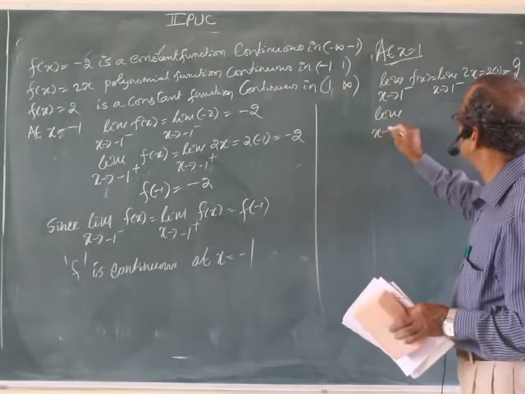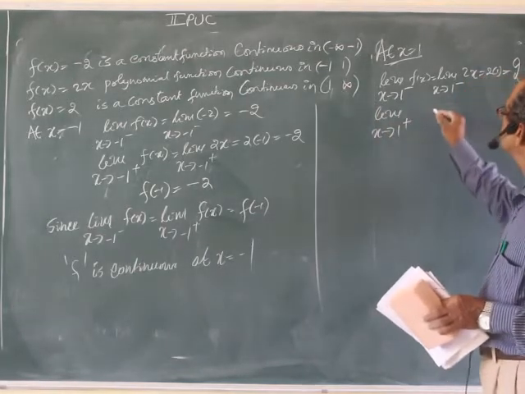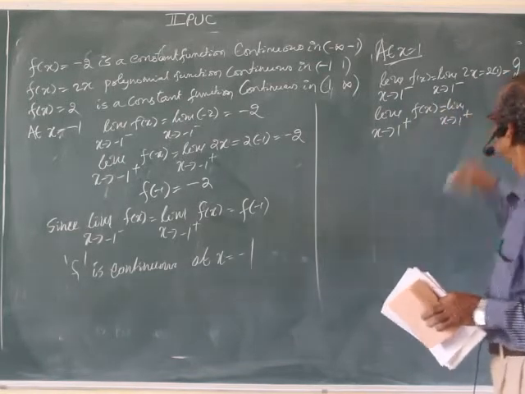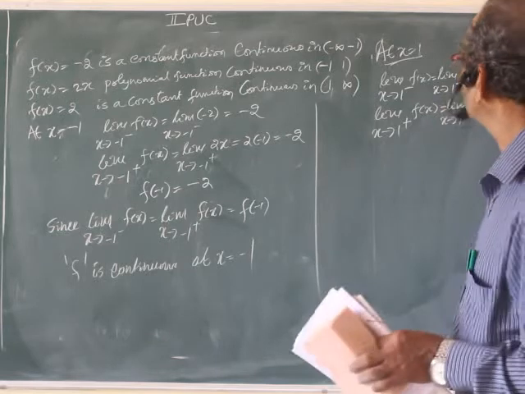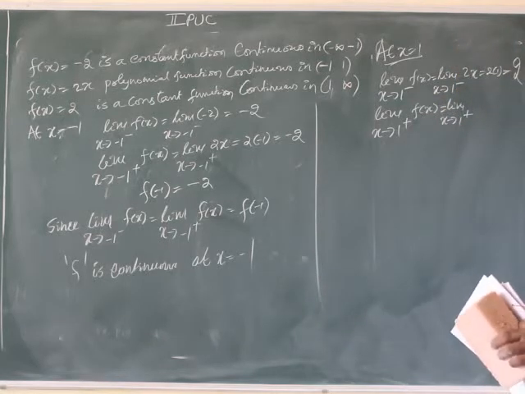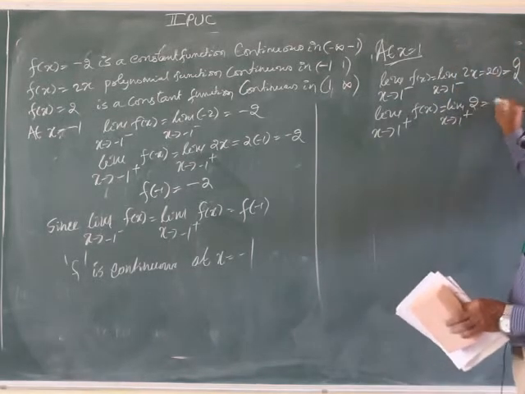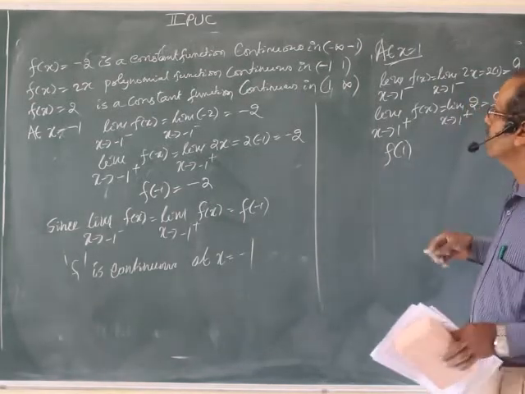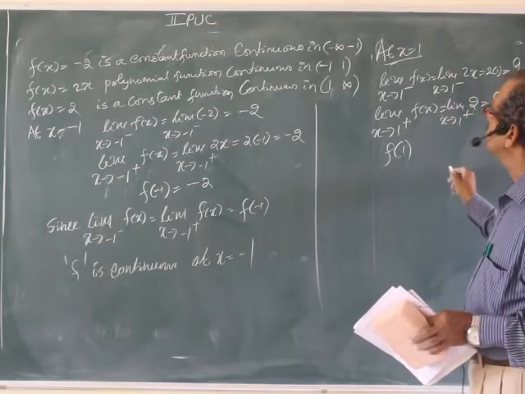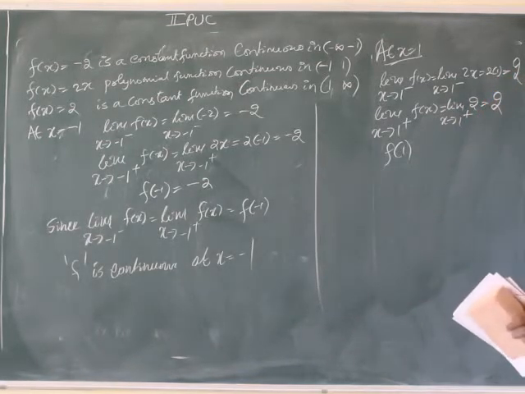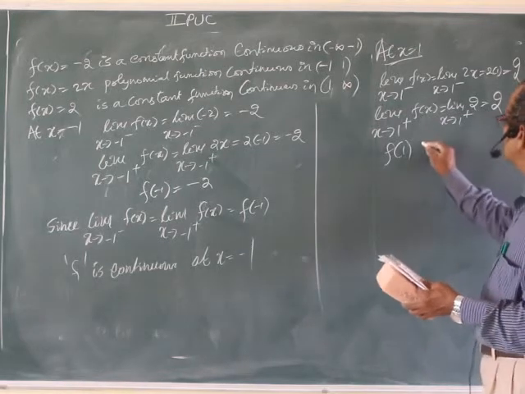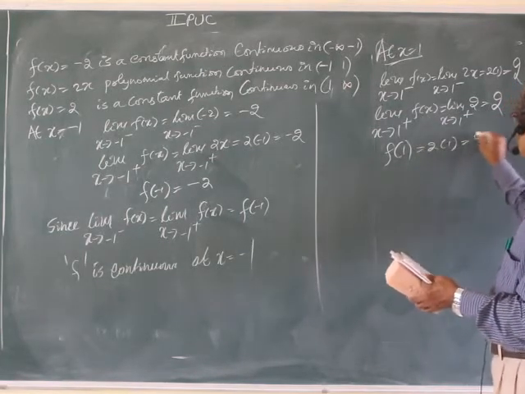Limit x tending to 1 plus, positive side, x greater than 1, 2. f of 1, for all x less or equal to 1, it is 2x, 2 into 1, 2.